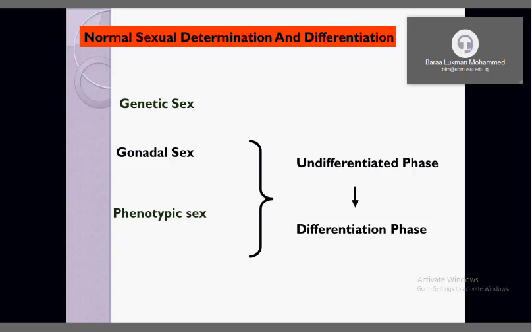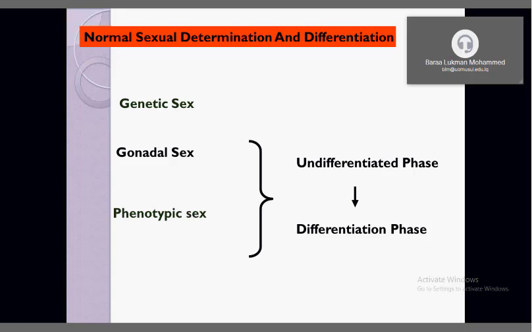Genetic sex, of course, is determined at the time of fertilization, and it is different between male and female. In female it is XX, and in male it is XY.